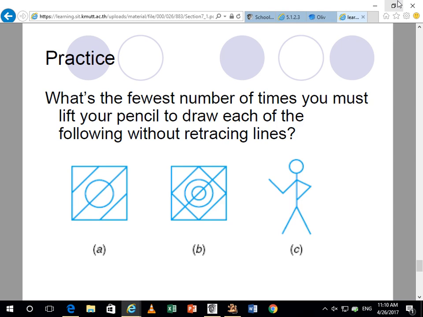That means if it's Eulerian, the answer would be 0 times. Otherwise you have to lift your pencil. So this, for example, 1, 2, maybe 4.